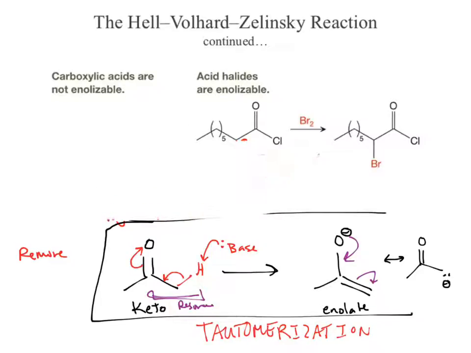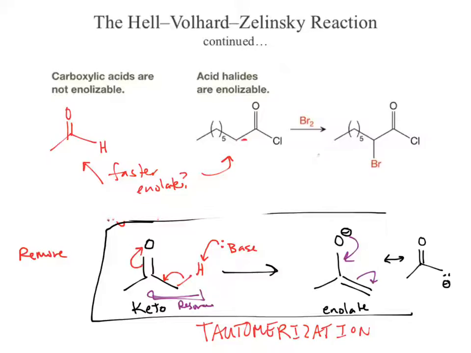Okay, so now we're going to do a comparison here. I want to know which one will enolize faster. The aldehyde or the acid chloride? Do they both have an acidic hydrogen?